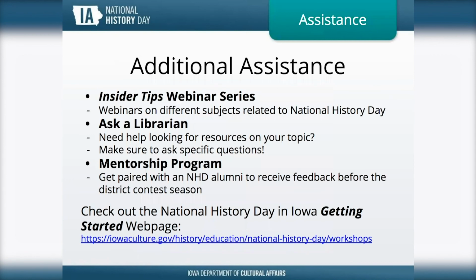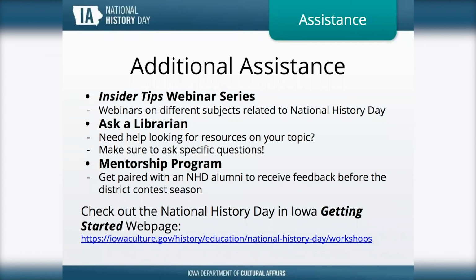All right. And for all categories, in addition to the paper category, we do have additional assistance for students. So there are more Insider Tips webinar series. These are webinars on different subjects related to National History Day. So not just on the categories, but we'll be talking about the historical argument, primary, secondary sources, and the research process. So please make sure to check on the webinar series, Insider Tips.